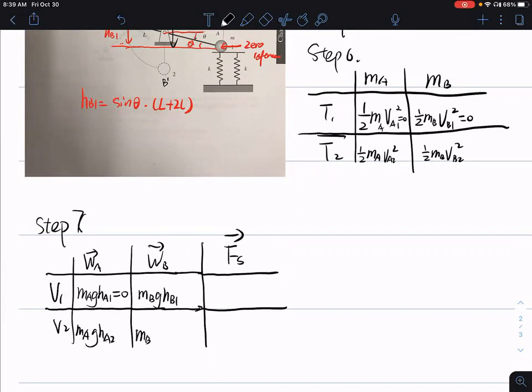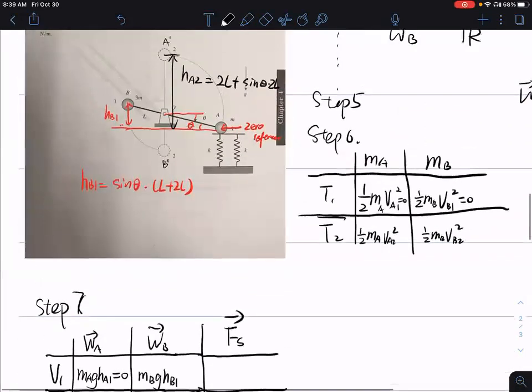For mB, we have mB g hB2. For hB2, it's the same idea: it's the distance from the reference point to particle B. In this case, it's going to be L minus sine theta 2L, right?